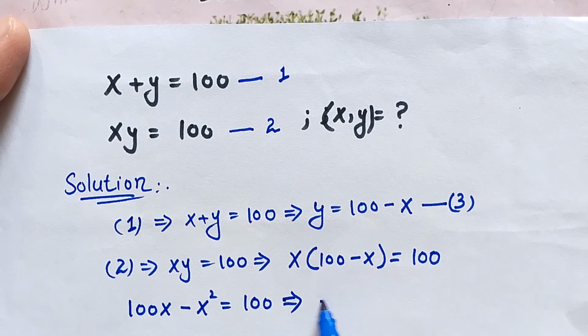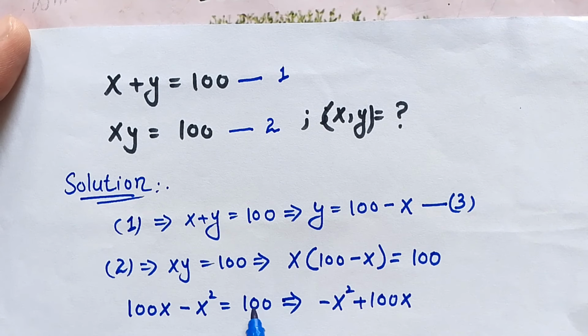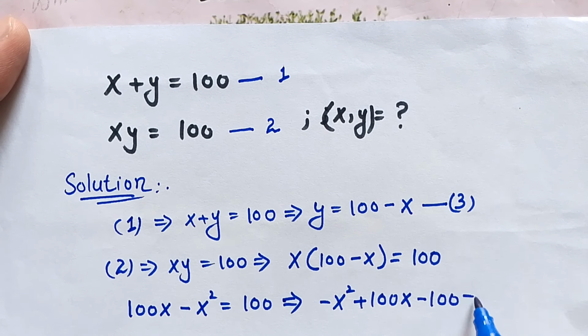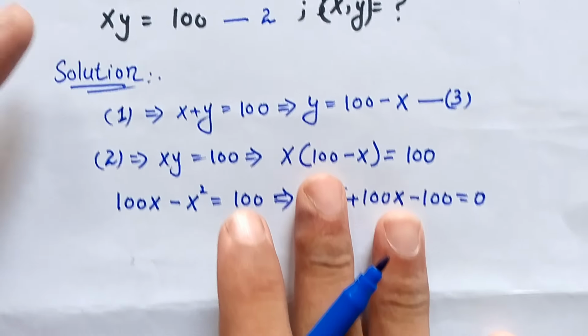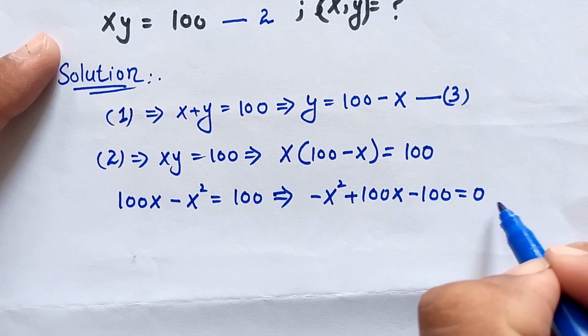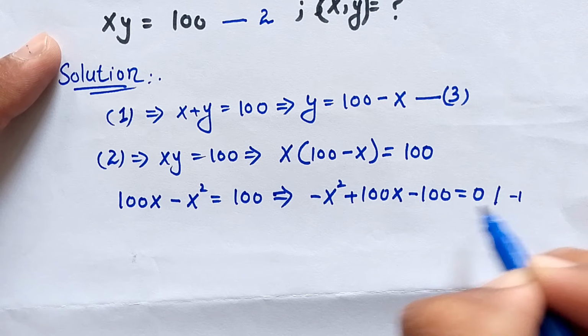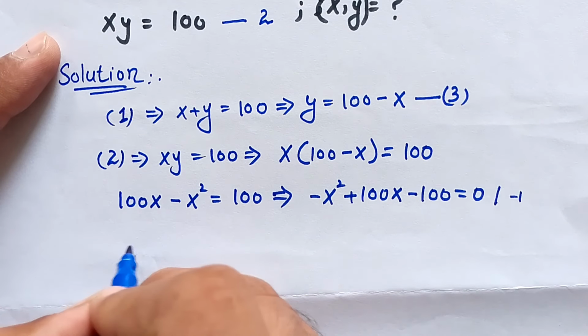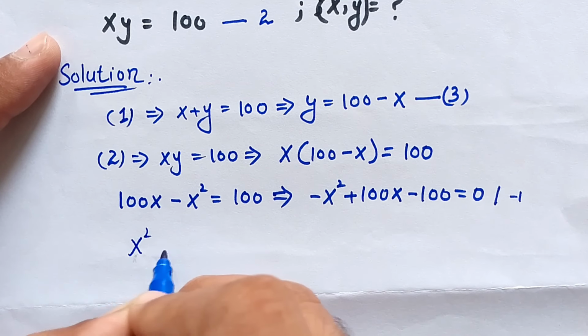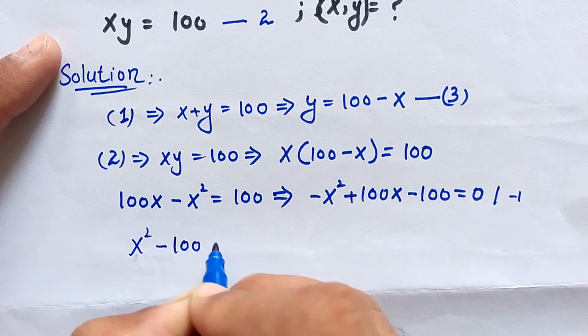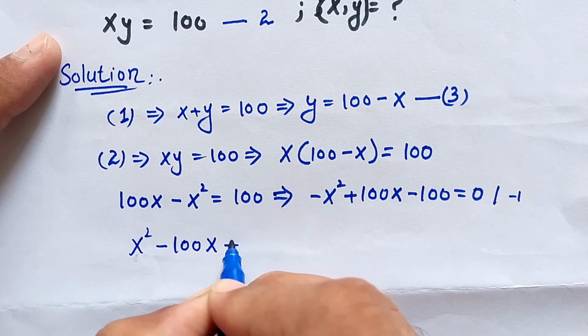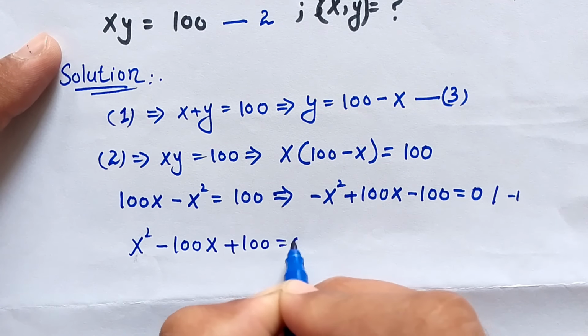Here minus x square plus 100x, and we have to move this 100 to the left side, so this will become minus 100, which is equal to 0. Now to solve this, we have to multiply this by minus 1 at both sides, so this will become x square minus 100x plus 100, which is equal to 0.